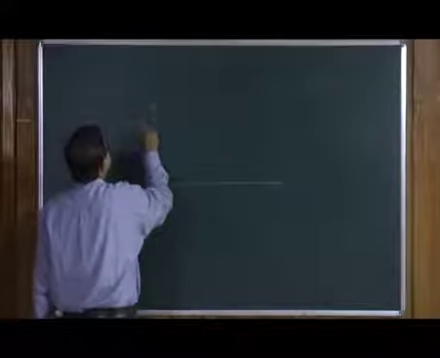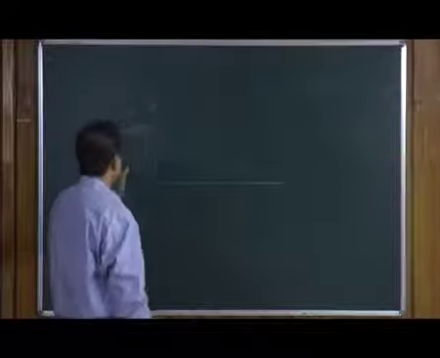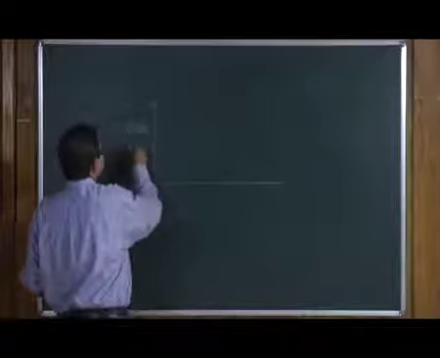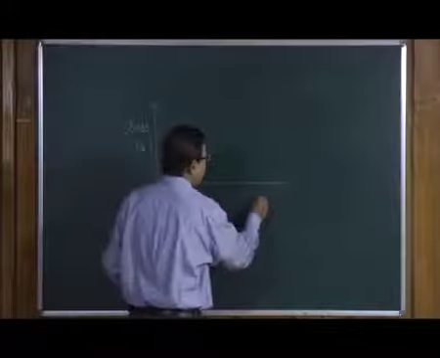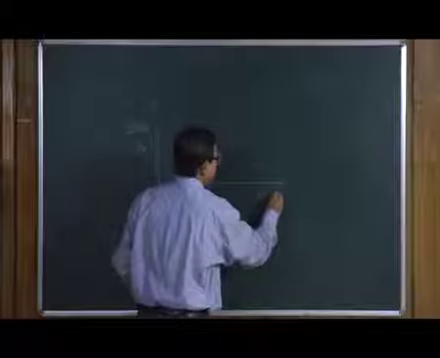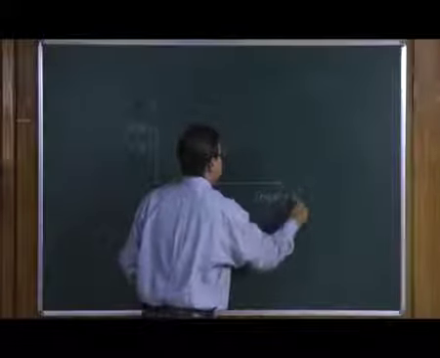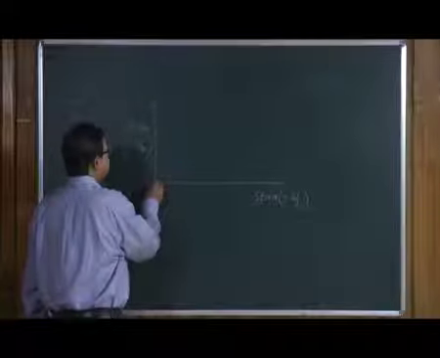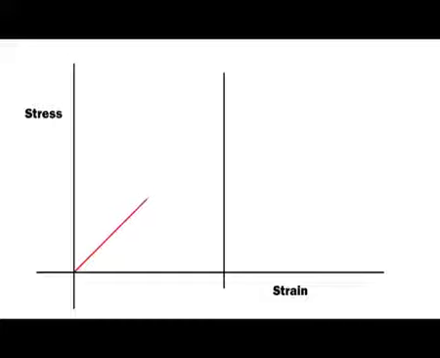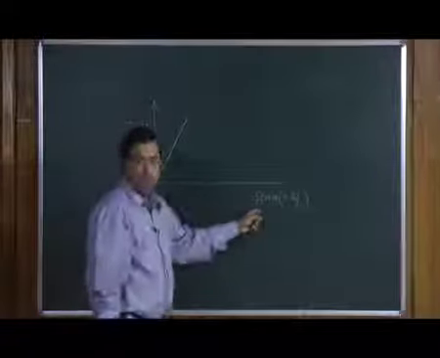Stress, which has the unit of pressure, like F over A, whereas strain is dimensionless, and this behaves like a straight line initially, which means that stress is proportional to strain.